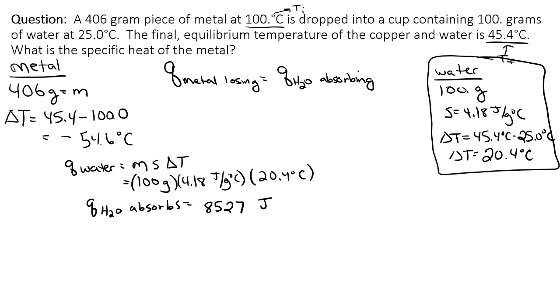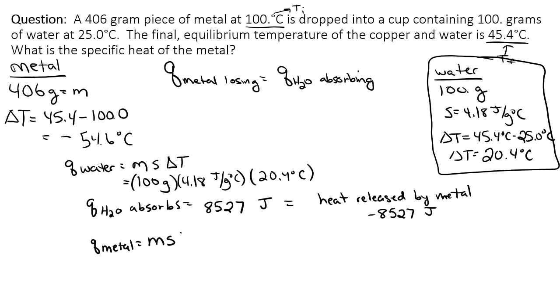But what we also know is that the heat that's absorbed by the water is going to be the heat that's released by the metal. There is one difference in this case. Since the heat is released by the metal, that would be a negative value since energy is released in that step. And so we can say that the heat of the metal is going to be equal to the mass of the metal times the specific heat times the change in temperature of the metal.